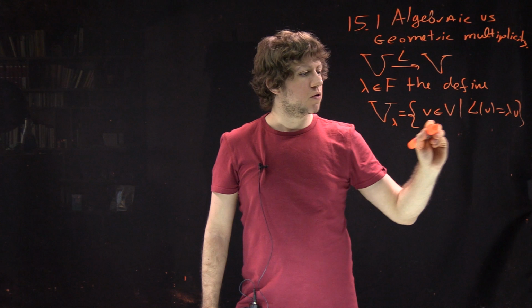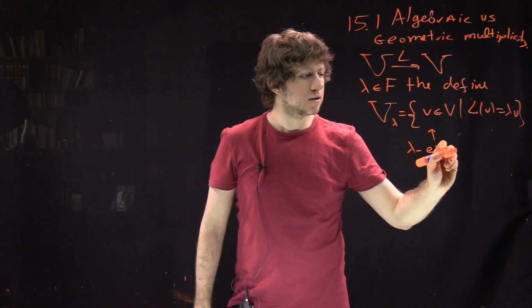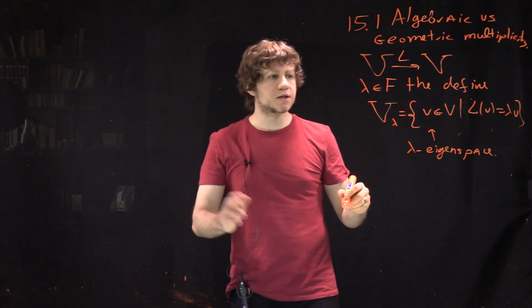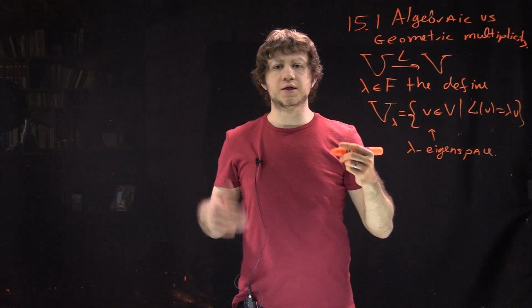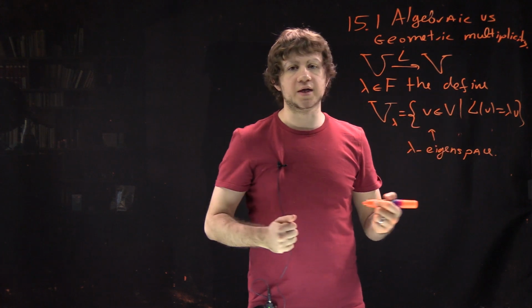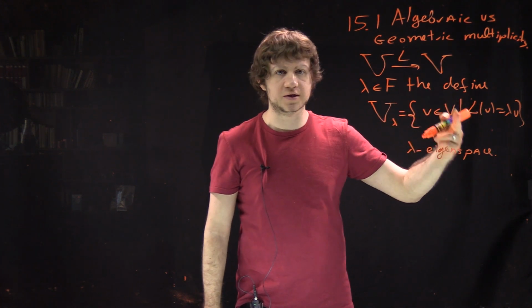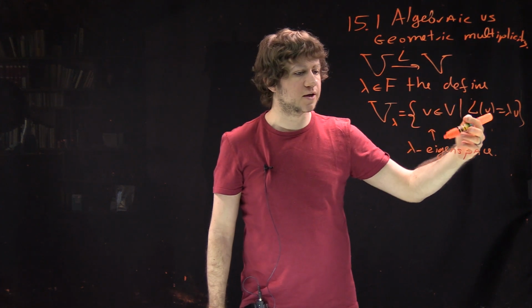This is what's called the lambda eigenspace. It consists of all eigenvectors with eigenvalue lambda, and it's very easy to see that it's actually a subspace of V, because if you sum two eigenvectors you get an eigenvector, and if you scale an eigenvector you get an eigenvector.